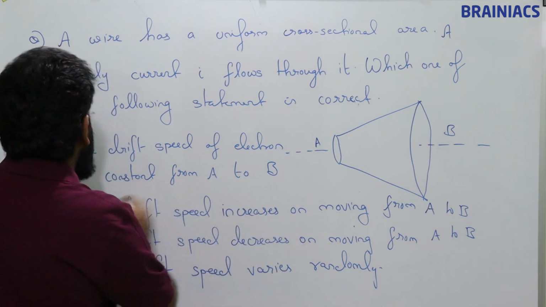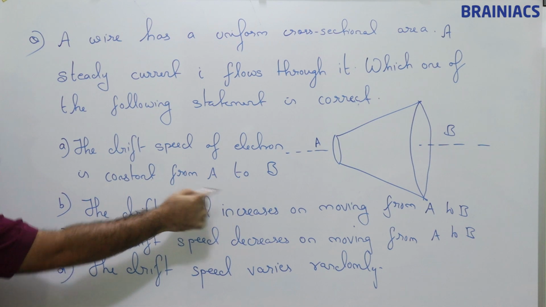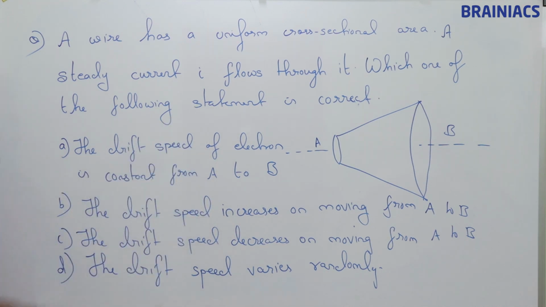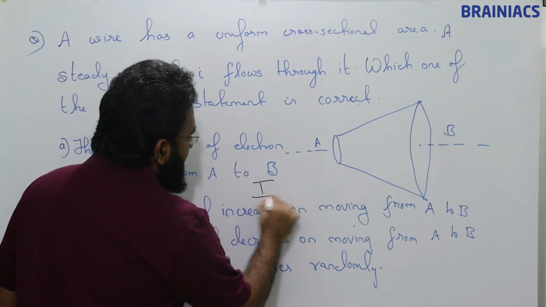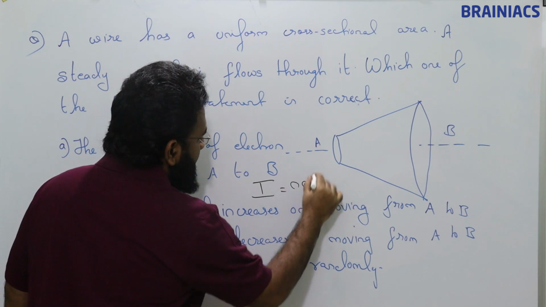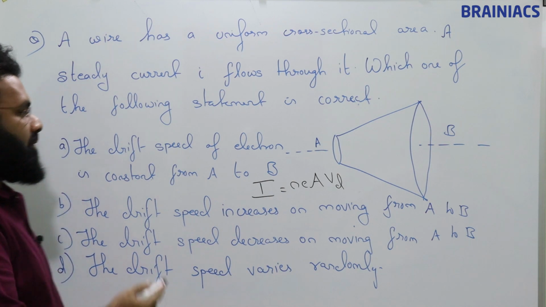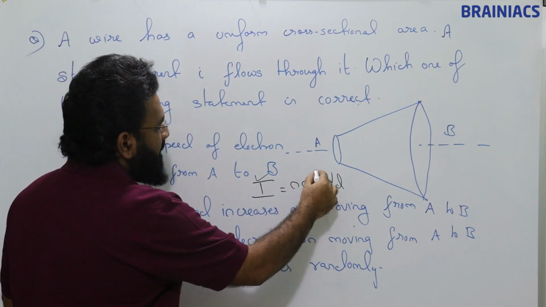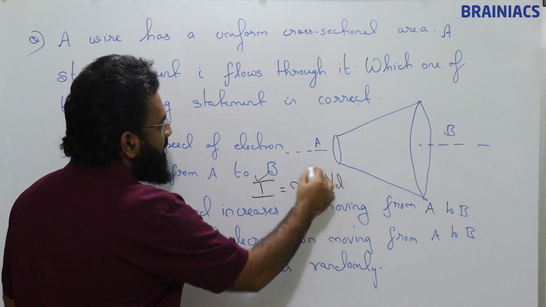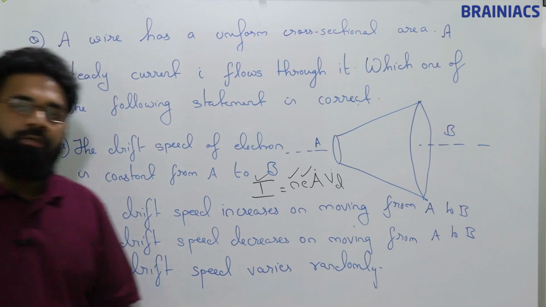So these are the options. Drift velocity is constant, drift velocity increases from A to B, drift velocity decreases from A to B, drift speed varies randomly. So if we take the formula I is equal to nAe Vd, where current is constant, here n is constant, charge e is constant, all these are constants.